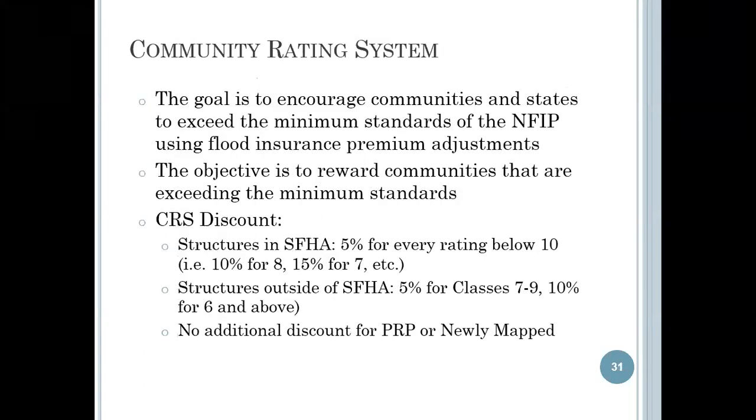On the other side, what we do have available is our Community Rating System. It encourages communities to do things over and above the minimum standards. And the more you do, very similar to your BCEGS and fire codes, the lower the class and the better the insurance premiums. We have class 1 to class 10, and each class is 500 points, allowing the discount in special flood hazard areas.